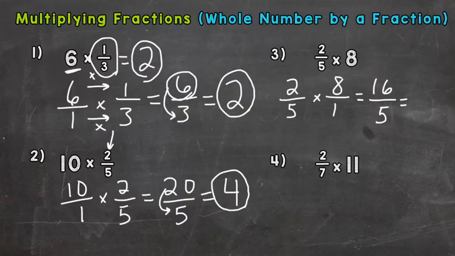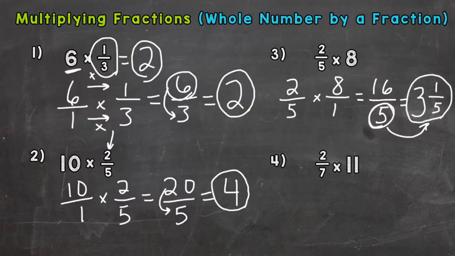How many whole groups of 5 can we pull out of 16? And the answer to that is 3. But we have 1 left over, right? 16 divided by 5, we get 3 with a remainder 1. So that remainder is a numerator here, and then we keep the denominator the same. So 3 and 1/5.